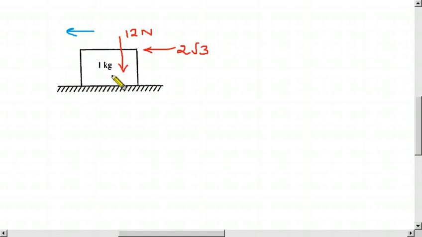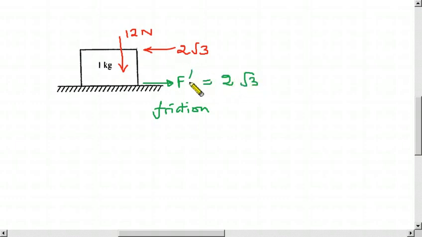Therefore the friction is opposite to that. The friction is opposite to the sliding direction. So this way the friction F dash. It is equal to this value, because very slightly it is slipping.